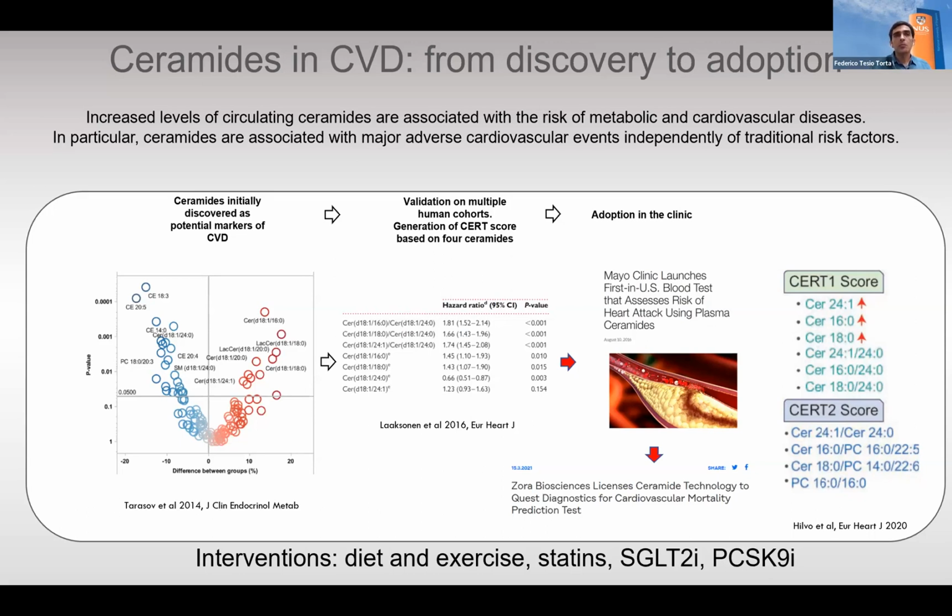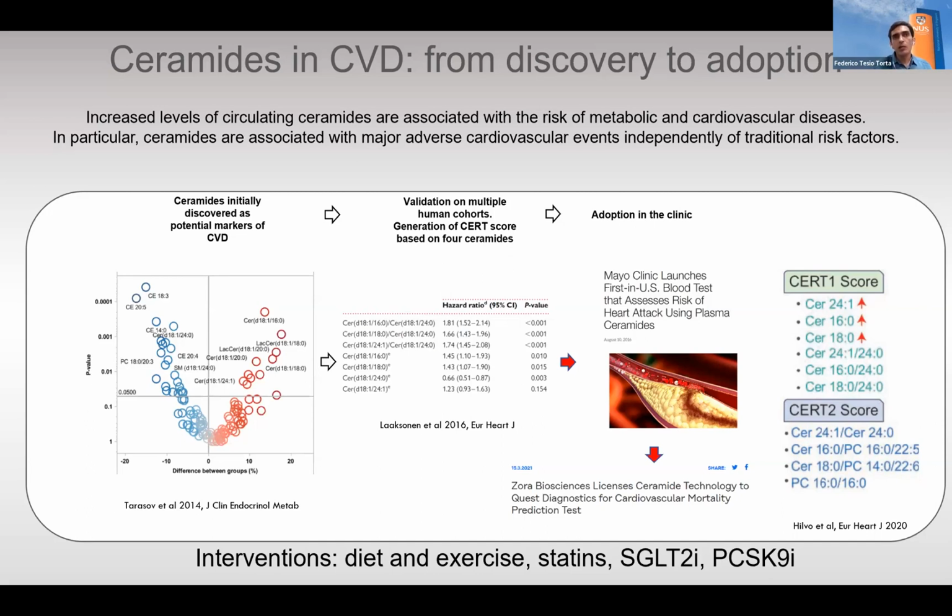After that, many other research groups were able to reproduce these results. And also another score called CERT2, which incorporates additional phosphatidylcholines, in particular 3 of them, 2 containing polyunsaturated fatty acids and a saturated one, was introduced into practice.